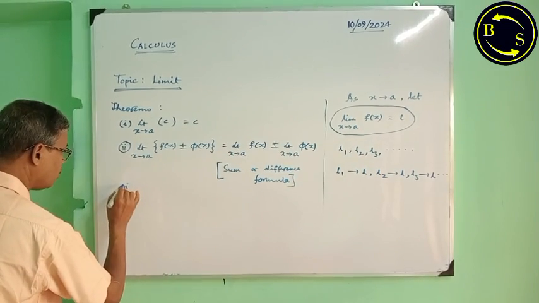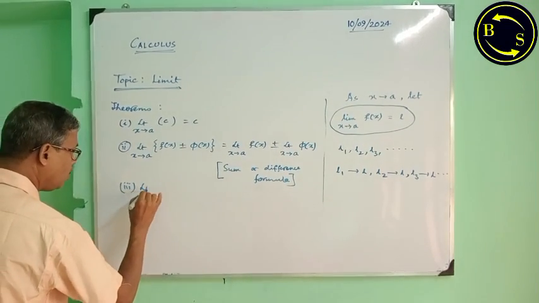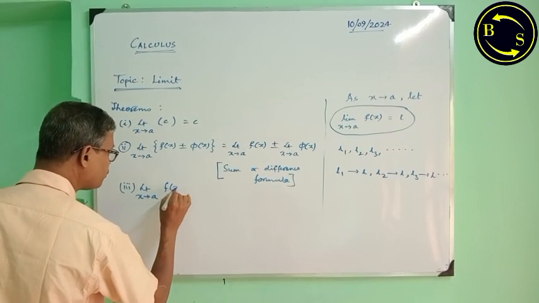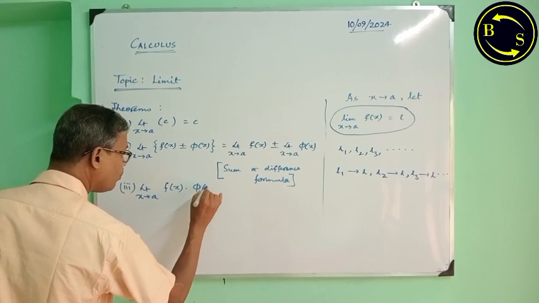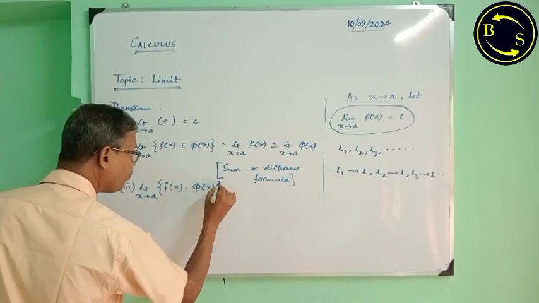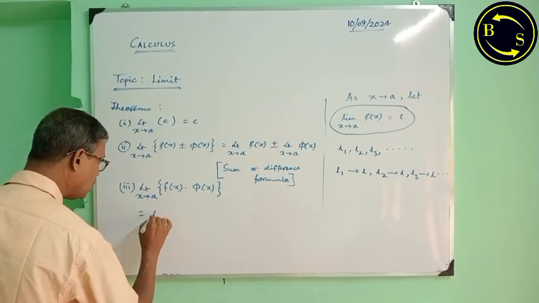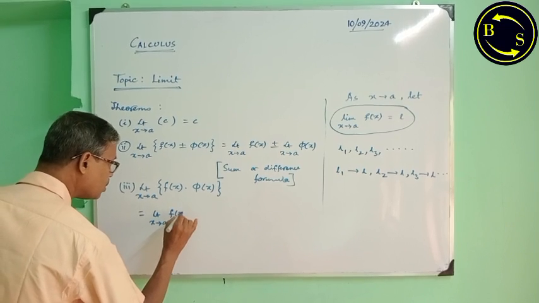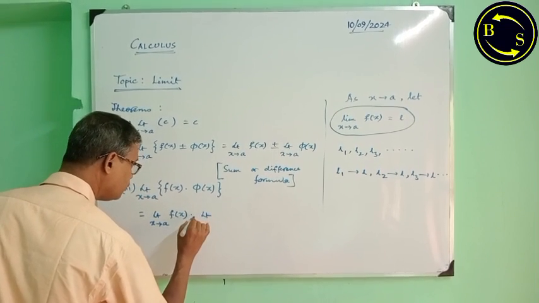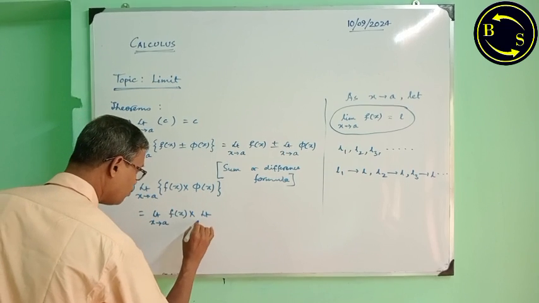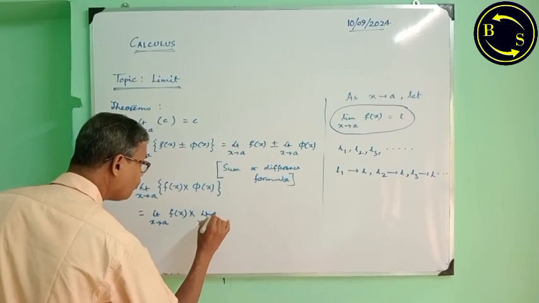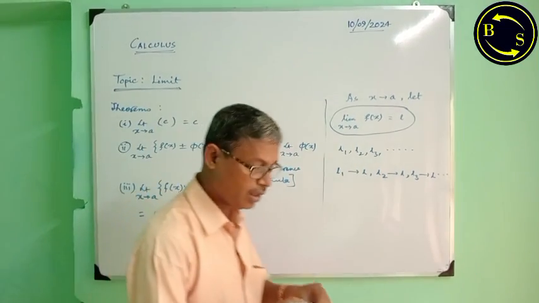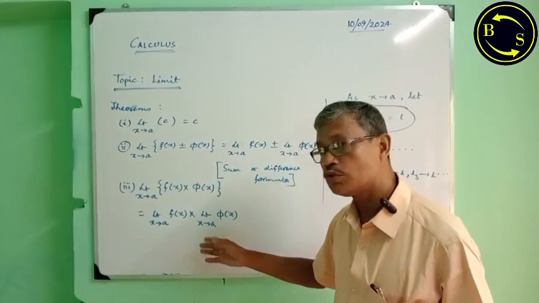Next, limit x tends to a, product of two functions will be equal to the product of limits. We can use cross like multiplication symbol, or we can use dot.